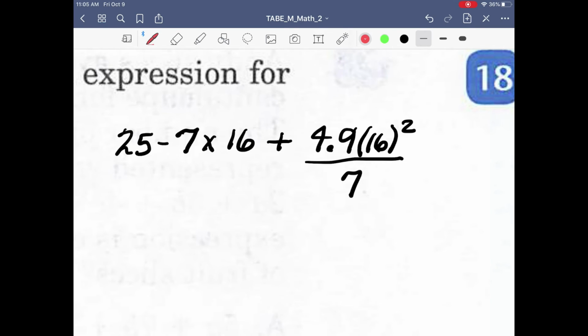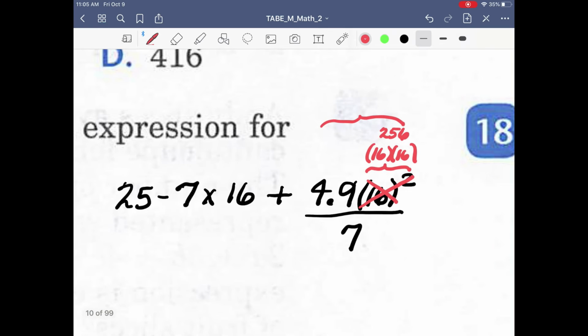The first thing we need to do, there are no parentheses, so we're going to do exponents. So 16 times 16. Do that on your calculator to get 256. So the first step is to get rid of that exponent. And then we're going to multiply 4.9 times 256.